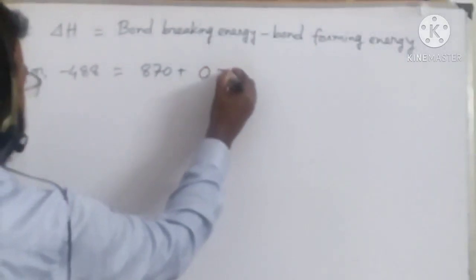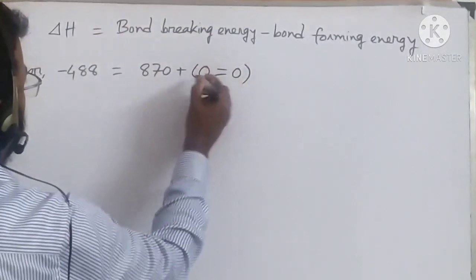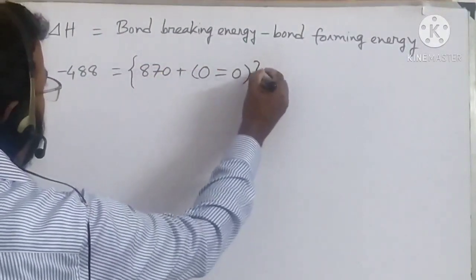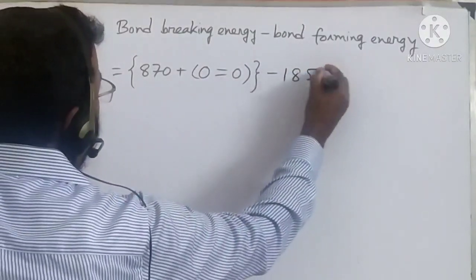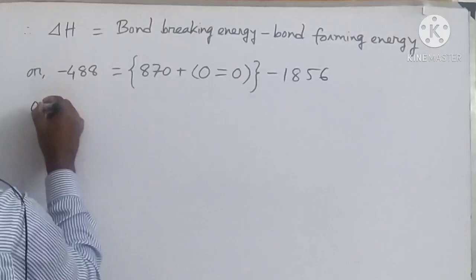Here del S is given as minus 488, and bond breaking energy is 870 plus oxygen double bond oxygen. So this one I am giving in the second bracket, minus bond forming energy, which is given as 1856.